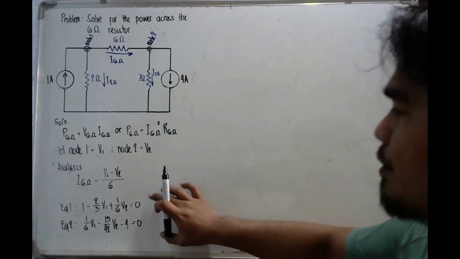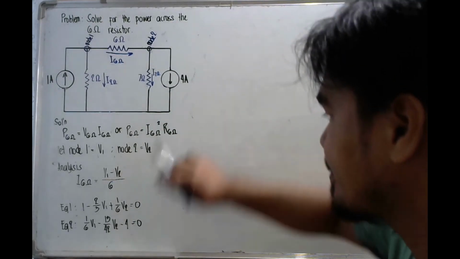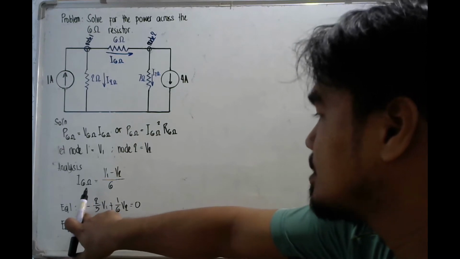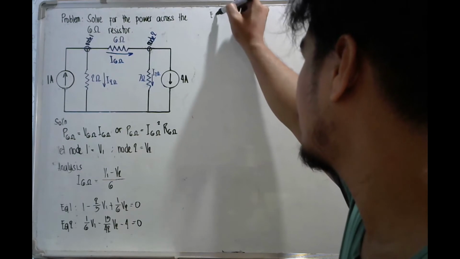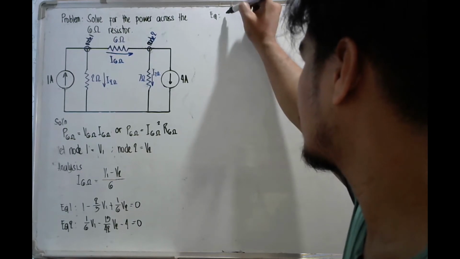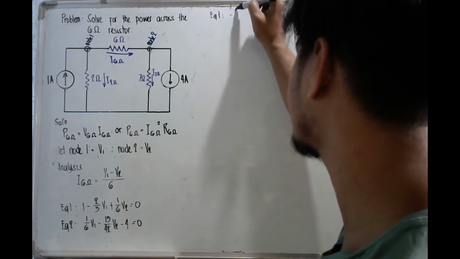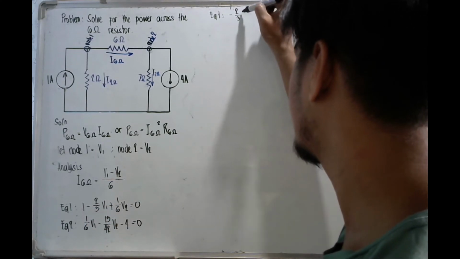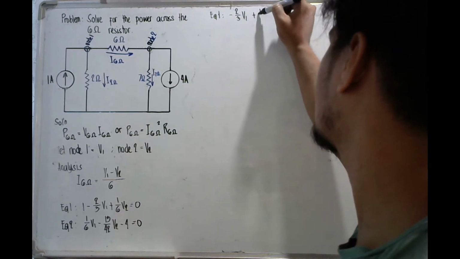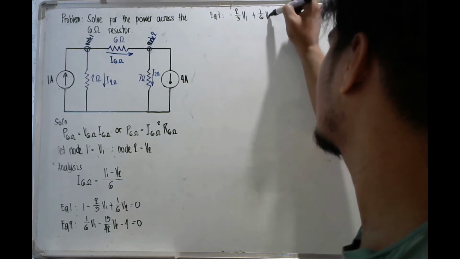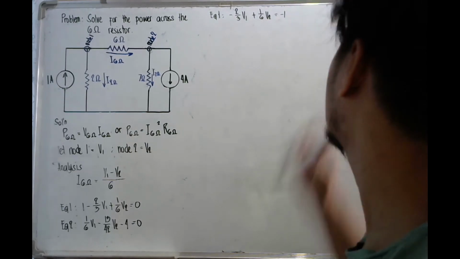So you have now your equation 1 and equation 2. Rewriting equation 1, transposing the constant value to the right hand side: negative 2/3 V1 plus 1/6 V2 is equal to negative 1.